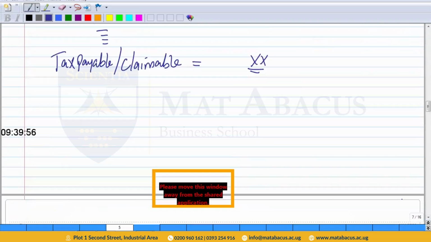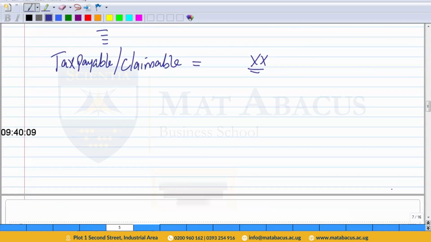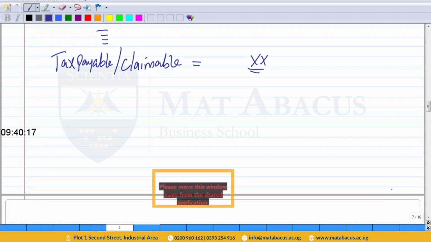How do you account for it? All of that we shall come to, so that by the end of the course, you're able to compute the VAT to pay for both academic and practical purposes.